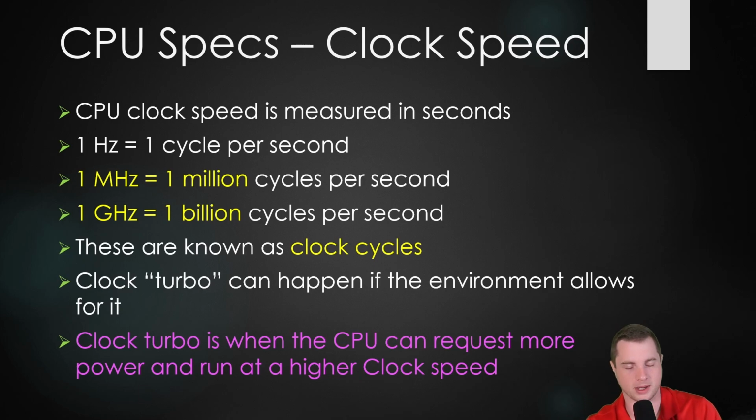If you get a top end model, it might be 3.9, 4.0. And then you can get a turbo of anywhere between 4 to 5, which is just insane. That's 5 billion cycles per second. These are known as clock cycles, also known as ticks, depending on who you are talking to.